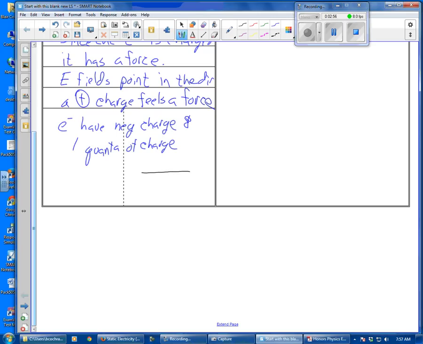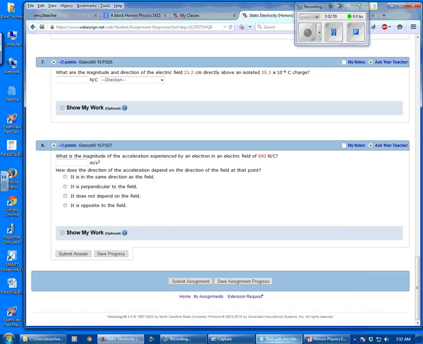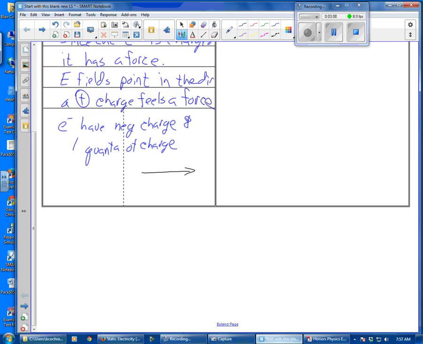Which way? Sorry. I'm just going to pick this direction to be for my electric field, and I'll label that E. My electron we'll put right here, and I'll put a negative on that. That's going to experience a force in that direction, and let me just check something.